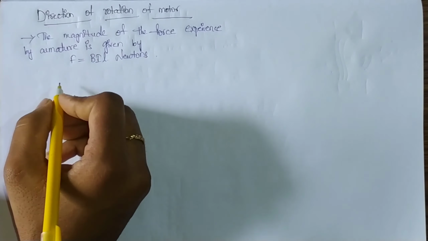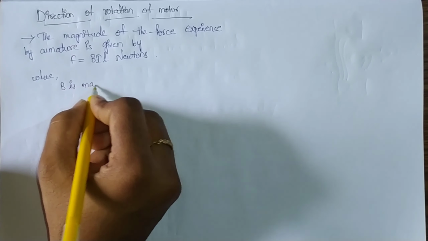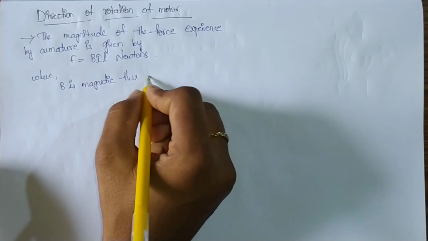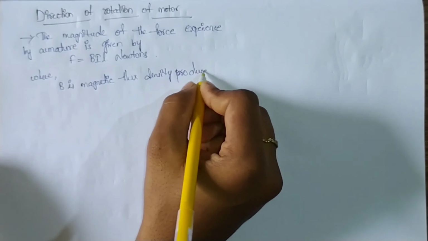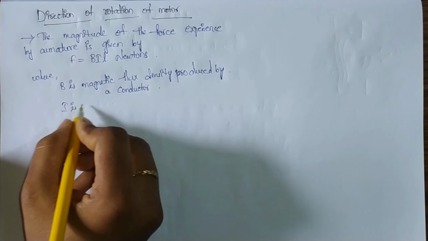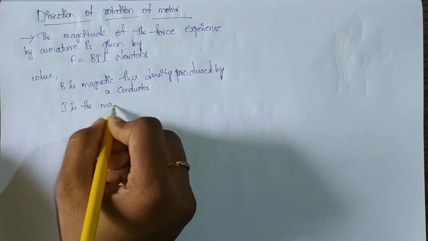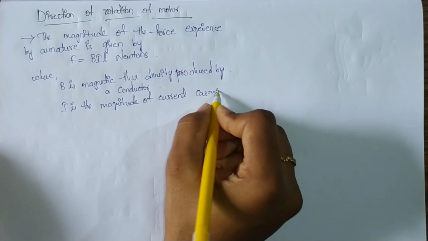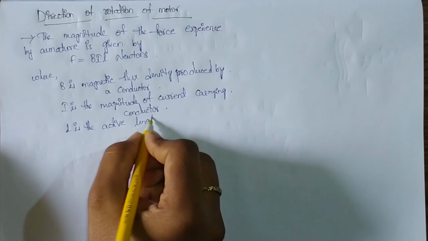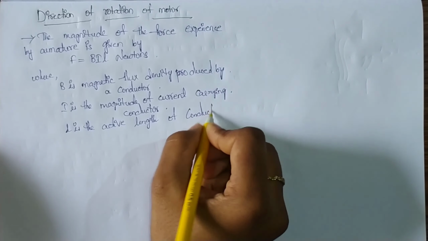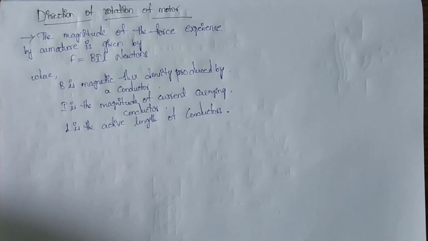Here B is the magnetic flux density produced by a conductor, I is the magnitude of current carrying conductor, and finally L is the active length of the conductor. Here the force is a vector quantity.